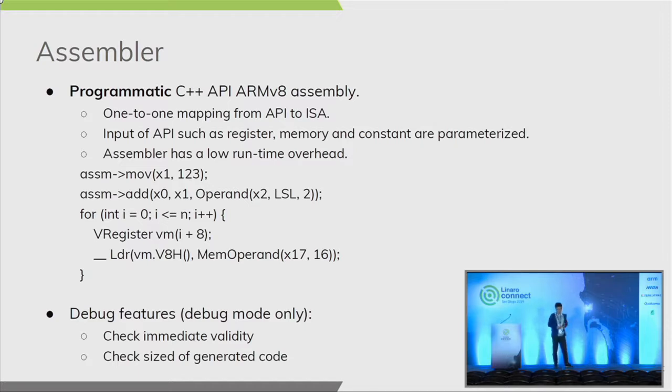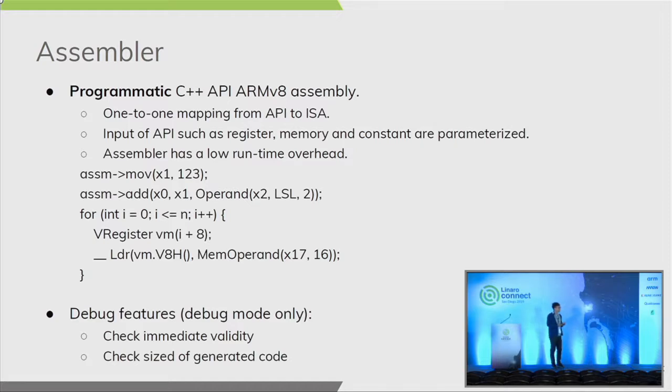This is an example. If you want to generate a move instruction using VIXL, just instantiate an assembler object and call the corresponding API like that. The second operand of the add instruction stands for the value in register X2 shifted left by 2 bits.